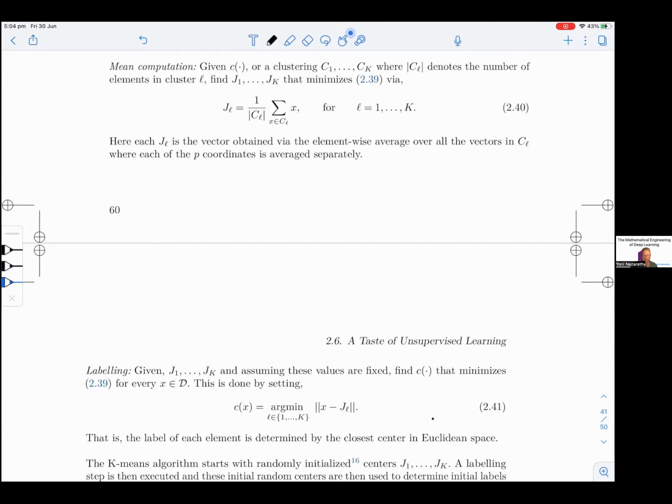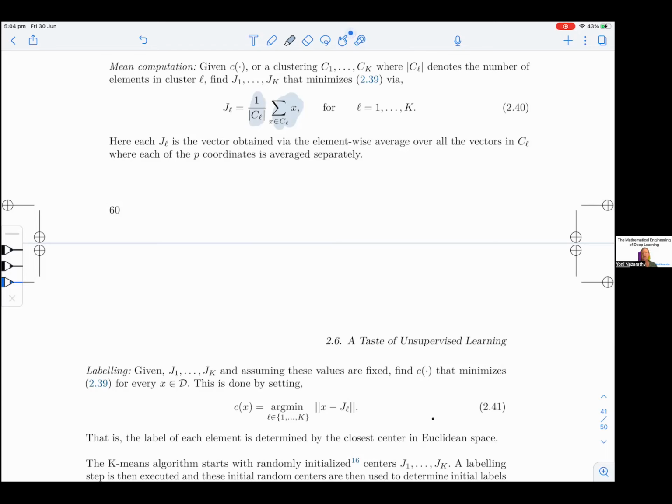Given C, which is your clustering function, or the clustering sets C1 through Ck, where the bars around each CL denote the number of elements in the cluster L, find J1 through Jk that minimize 2.39, and you do this via JL being the mean of all of the points in the cluster. So you take the sum of all of the vectors in the cluster, you're summing up vectors, and you're taking their average.